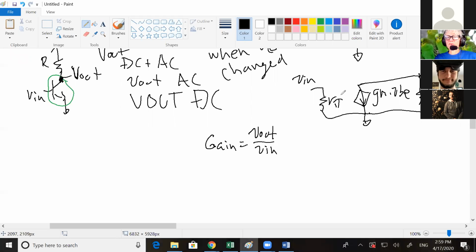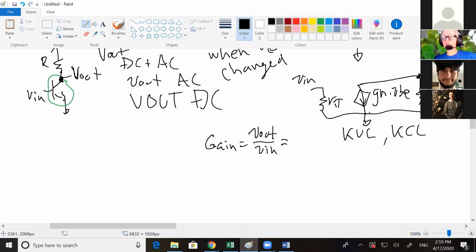So what we do is we take this circuit and you do KVL or KCL and just start coming up with some equations. And from those equations, you massage it so you end up with V out over V in equals some mess. And that some mess is your equation for gain. So let's start doing that.